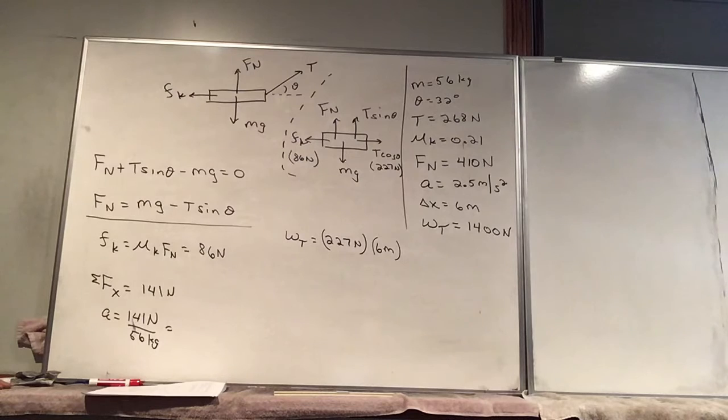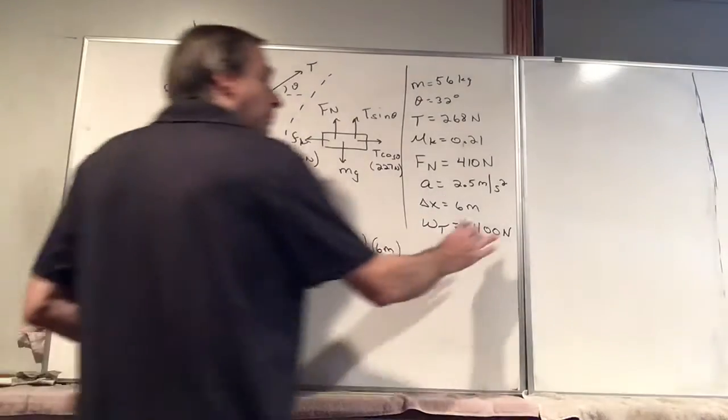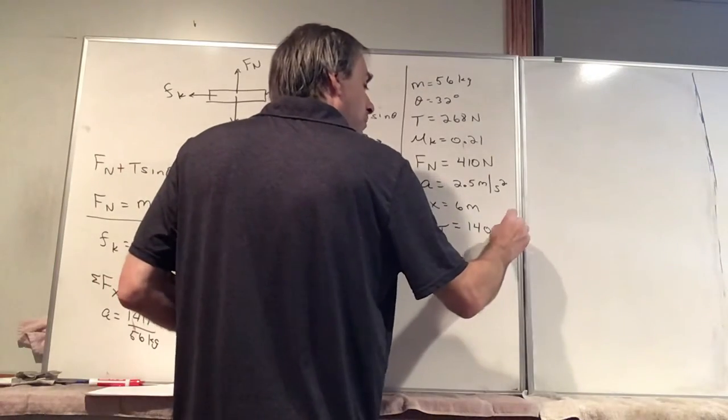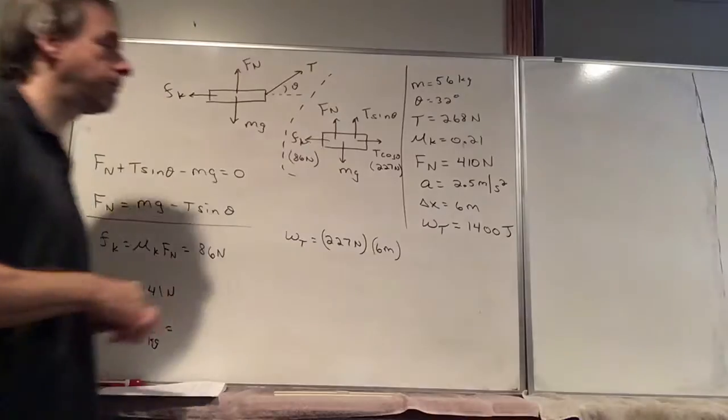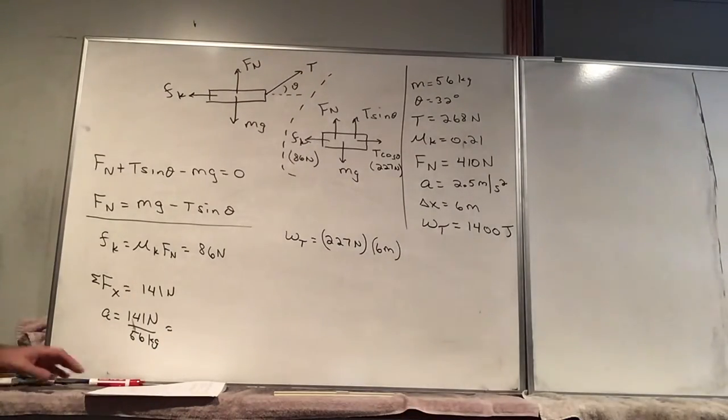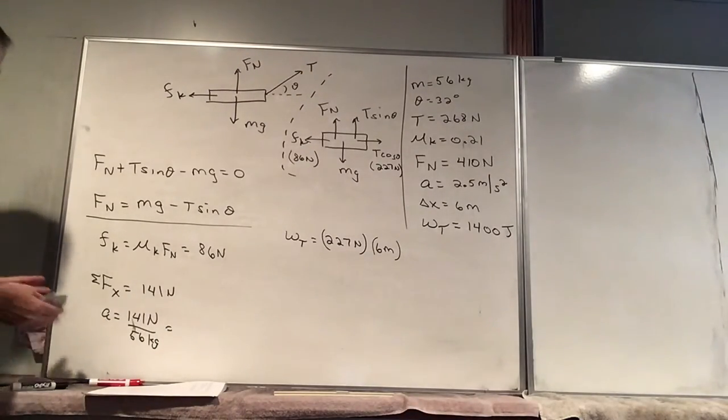I should have written down more decimal places and then just rounded off at the end. But I got like 1363 roughly, which to two significant figures is 1,400. Oh, sorry, that should be joules. Okay, so that's problem 12.